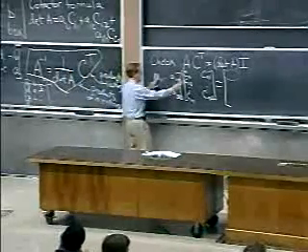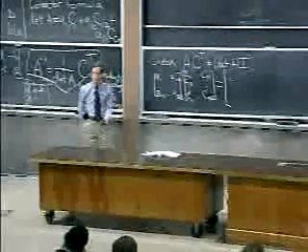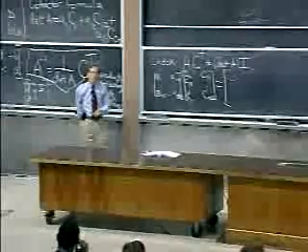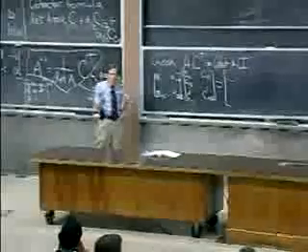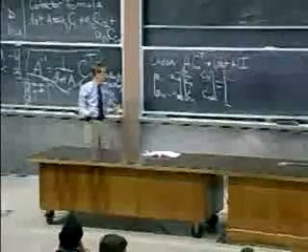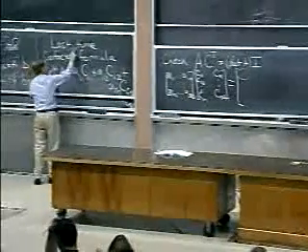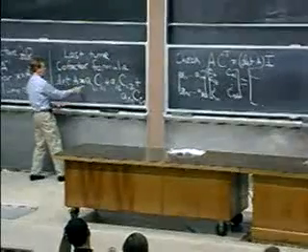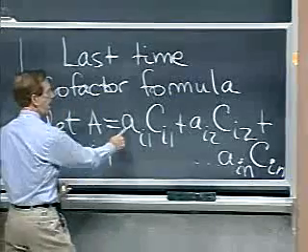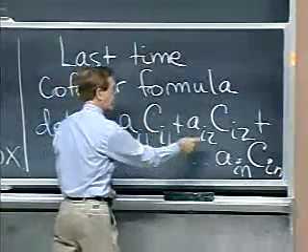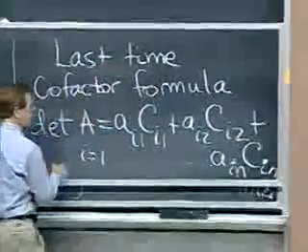So this is A11 times C11, A12 times C12, A1n times C1n. What does that sum up to? That's the cofactor formula for the determinant, which we got last time. The determinant of A is, if I use row 1, A11 times its cofactor, A12 times its cofactor, and so on. And that gives me the determinant.